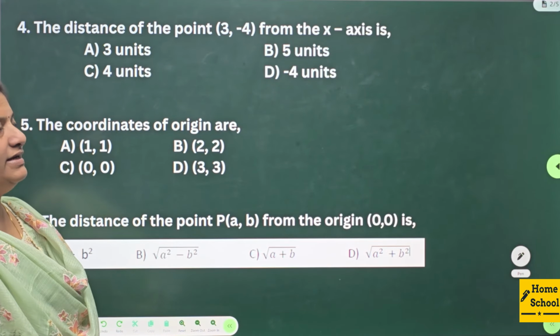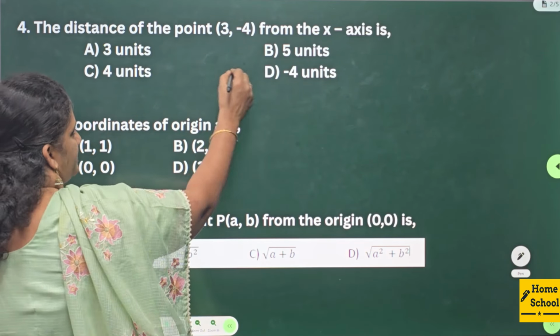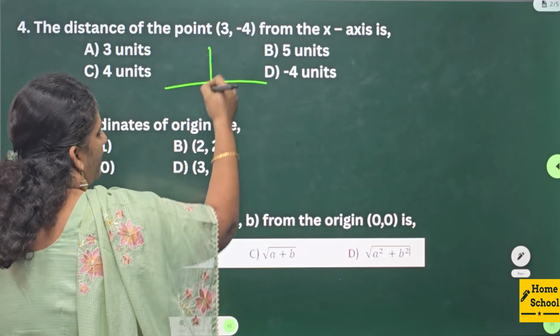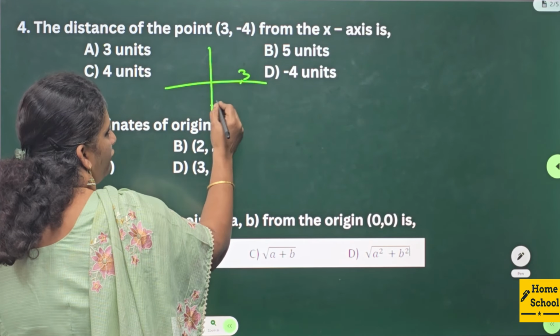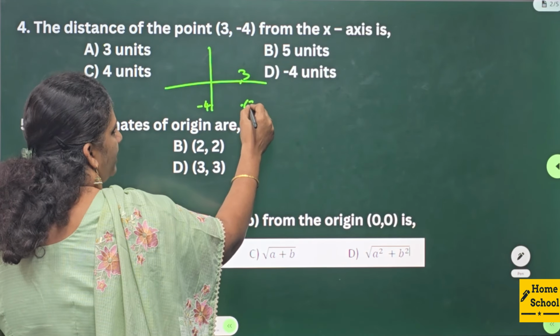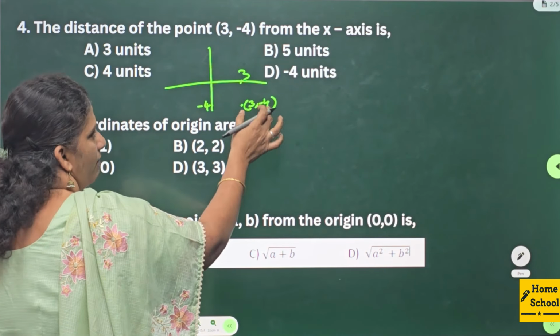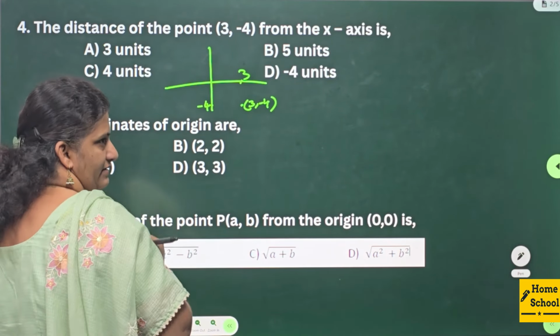Fourth one, the distance of the point 3, minus 4 from the x-axis. 3, minus 4 will be in the fourth quadrant. Let us imagine the coordinate is here. What is the distance from x-axis?